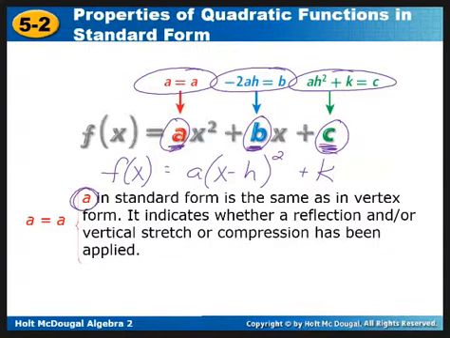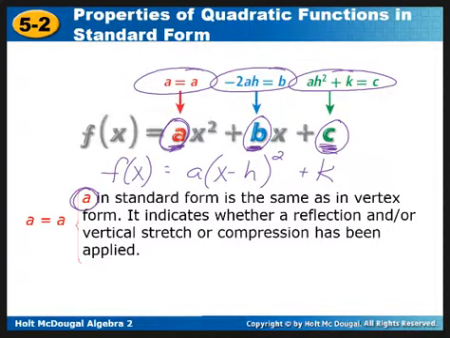Likewise, if A is a number like 2, 3, 4, 5, or even negative 2, 3, 4, 5, it represents a vertical stretch. If it's a fraction between 0 and 1, or between negative 1 and positive 1, like 1/2, negative 1/2, or 1/3, negative 1/3, it just means that we're performing some type of vertical compression. So again, A behaves the exact same way it did before.